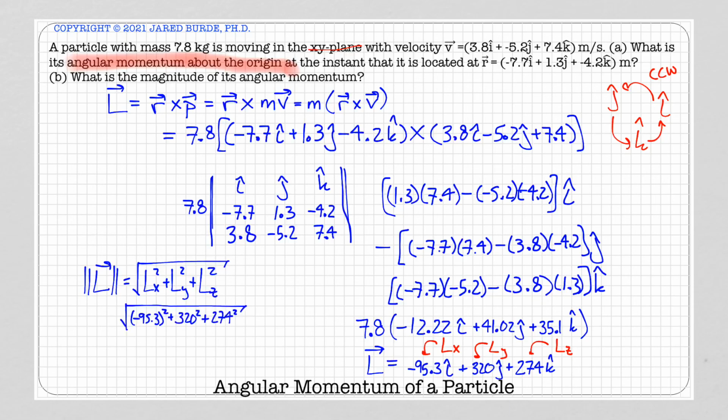And when we multiply all this out, we get 432 kilogram meters squared per second would be the magnitude of the angular momentum, which we find by combining the components of the overall angular momentum vector.